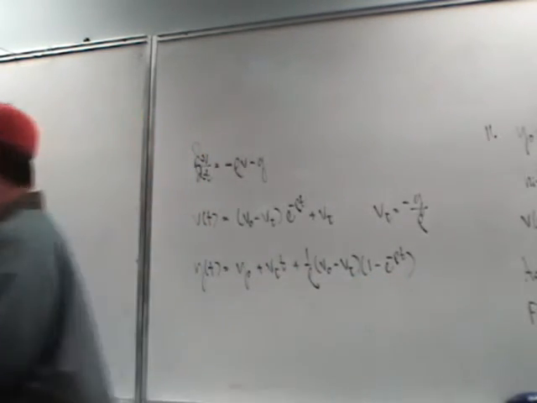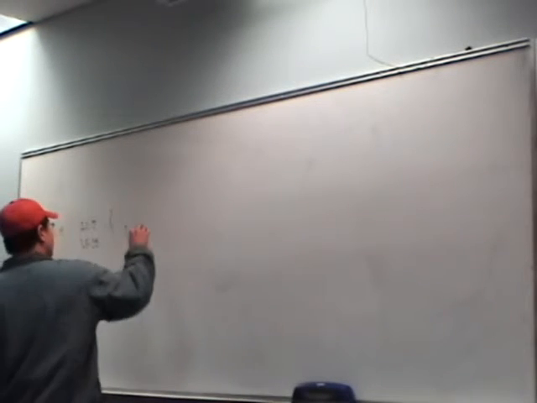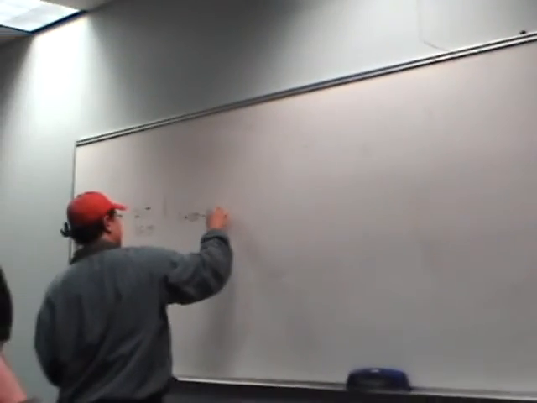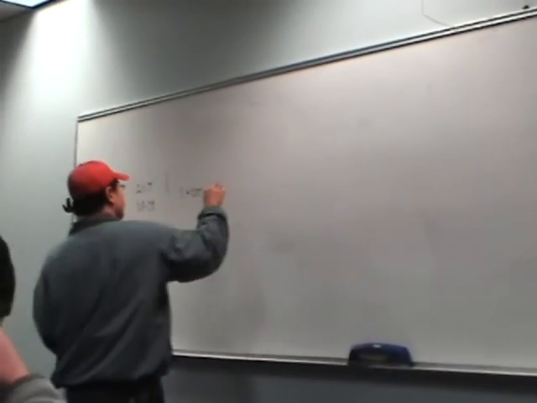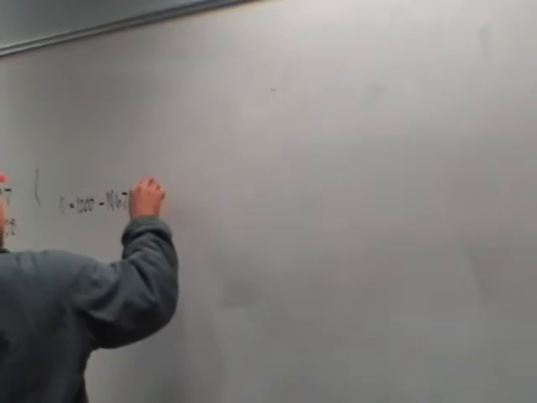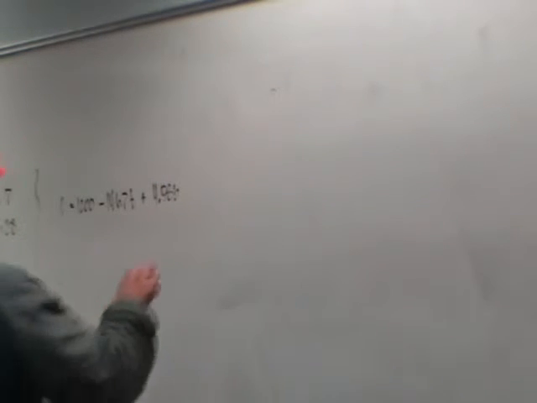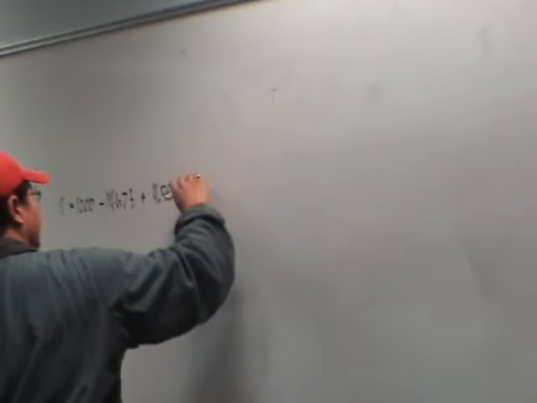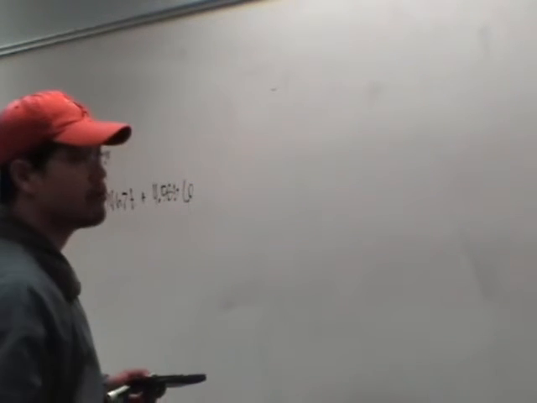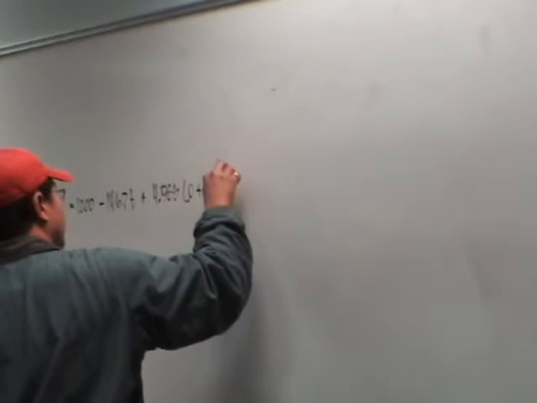So 0 is equal to 1200 minus 146.7 t, plus 1 over rho, so 1 over rho is 4.58333, times v naught, which is 0, minus v tau, which is minus 146.7, so plus 146.7.